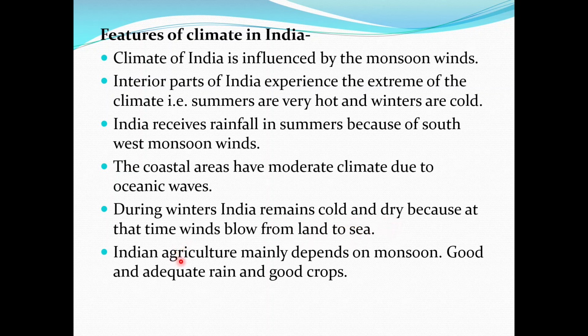And in India, as you know, the main occupation of Indian people is agriculture. The farmers do not have proper equipment for agriculture, so our agriculture depends on the monsoon. If there is good or adequate rain, then we get a bumper crop, or good crops. So this is all about the chapter climate. Thank you and have a nice day.